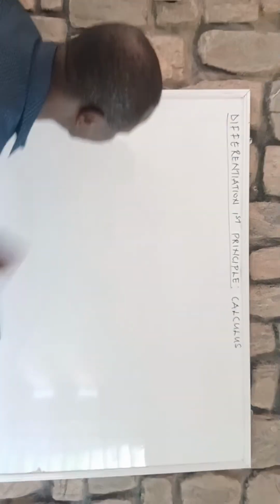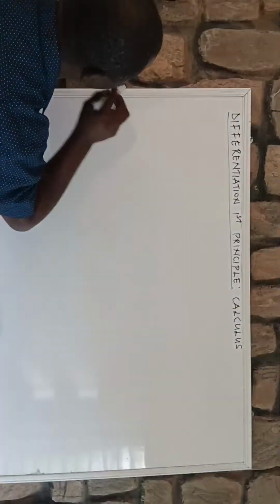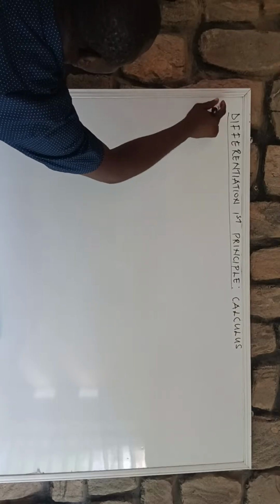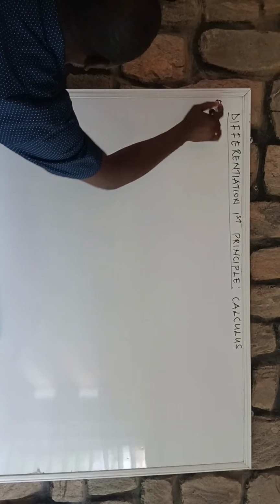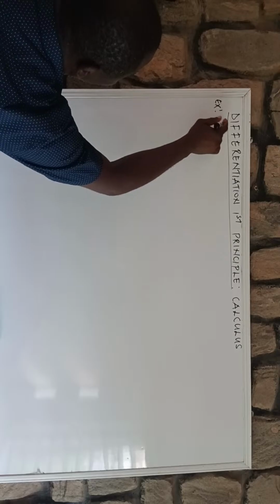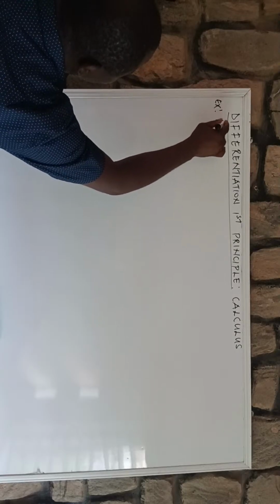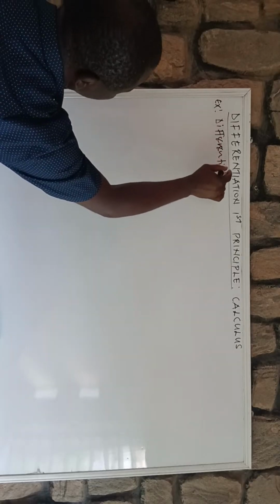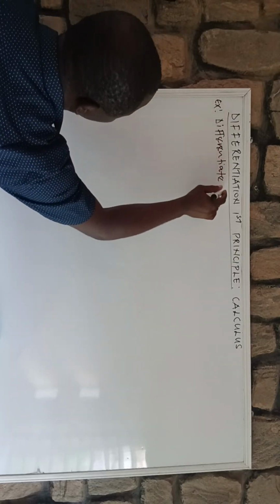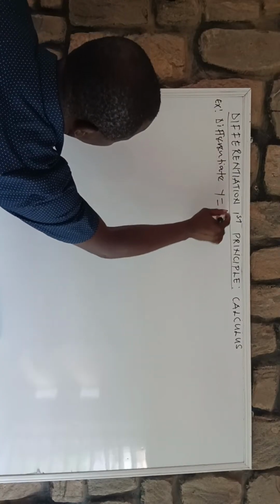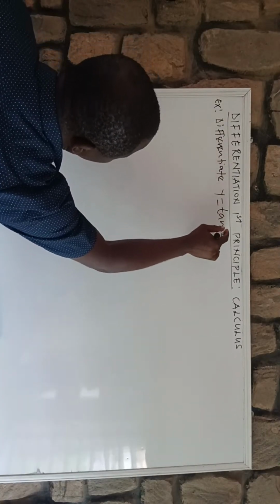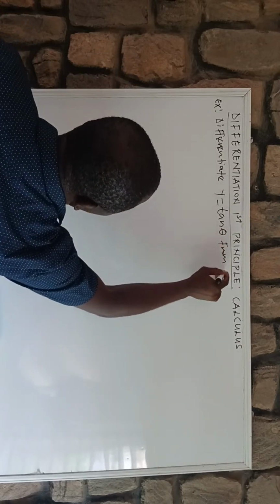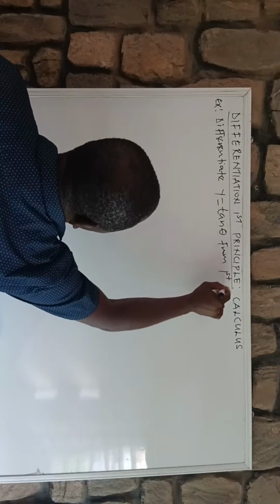So, here, let's fix idea with an example. Differentiate y equals tan theta from first principle.